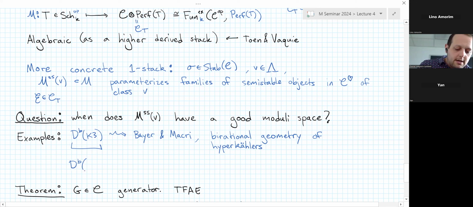Inside D^b of a cubic fourfold, I think it's a cubic, you get two exceptional objects, and then a piece that's a CY2 category, a Calabi-Yau 2 category.